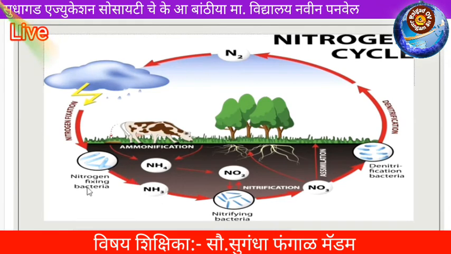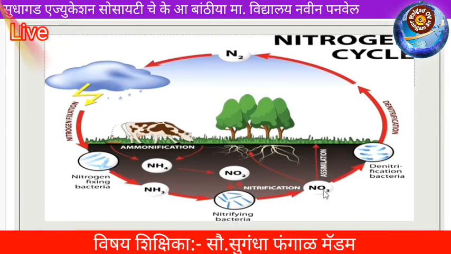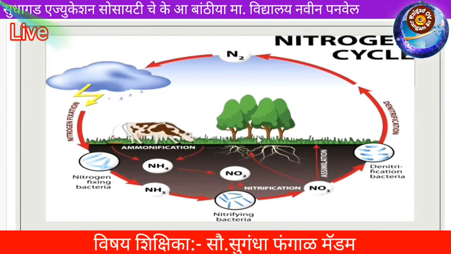And this ammonia is again converted by the process of nitrification with the help of nitrifying bacteria like Nitrosomonas and Nitrobacter into nitrate, NO3 minus. And this is a nitrogenous compound.